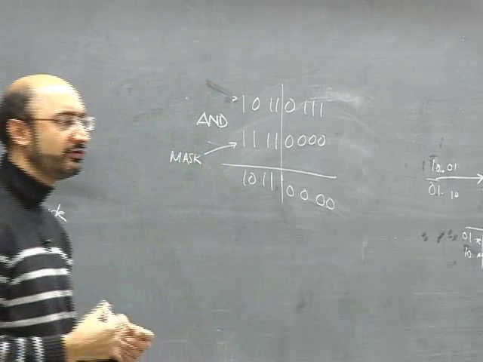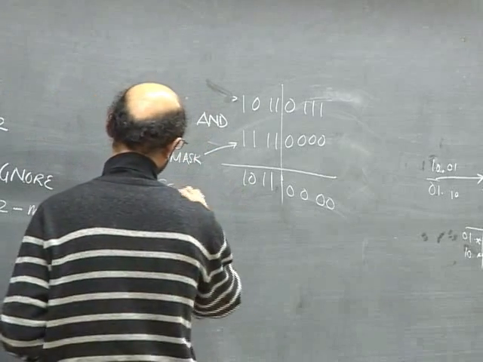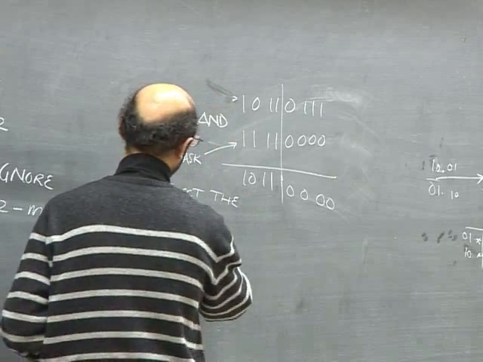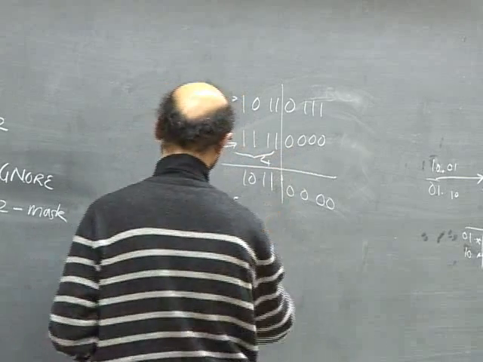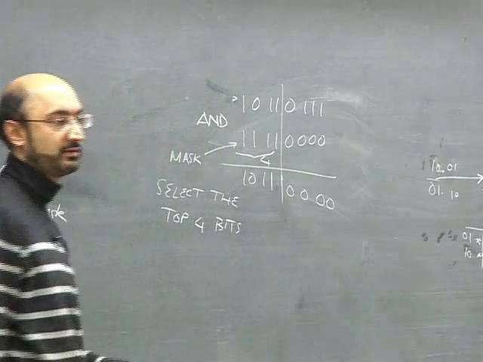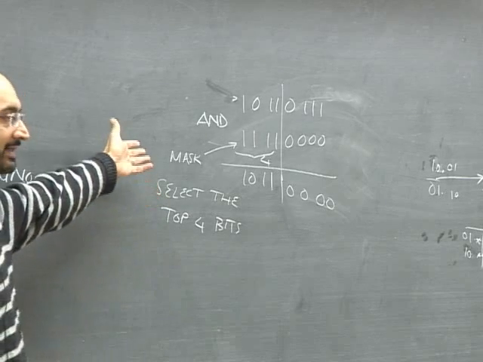And you can view the mask as a selector. So we can say select the top, in this case, 4 bits. And that's what we call a bit mask. Everybody okay with that? Select the top 4 bits as a mask like that.